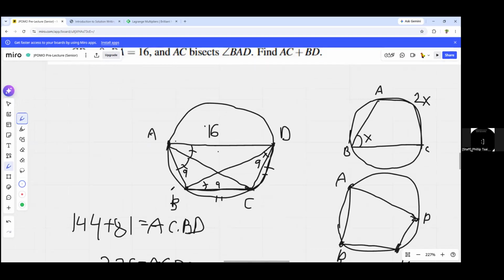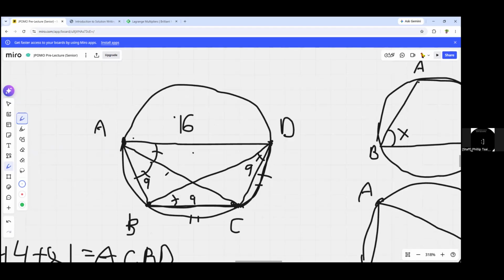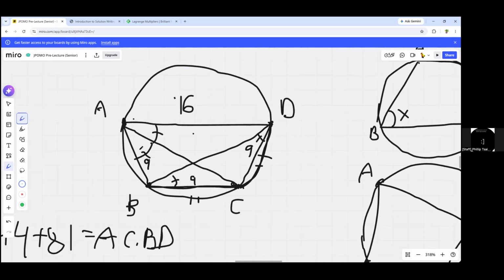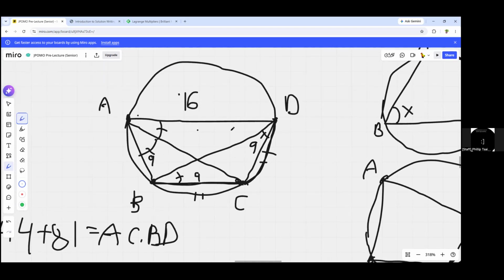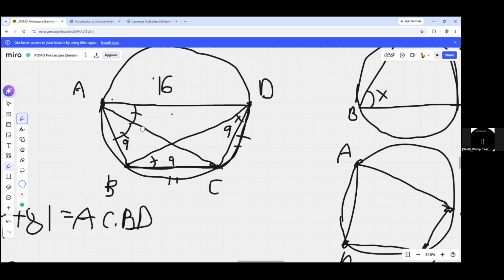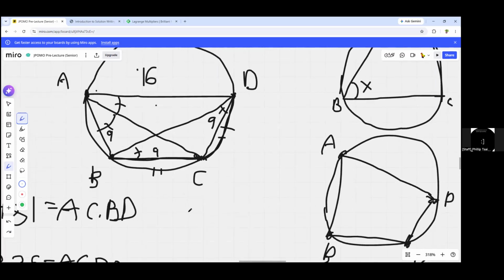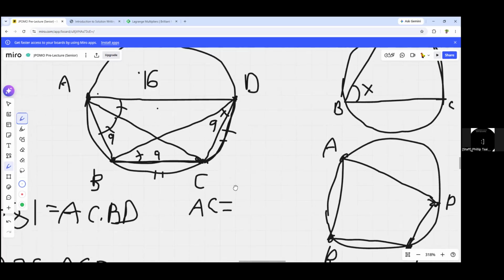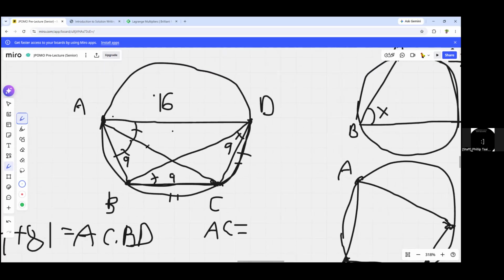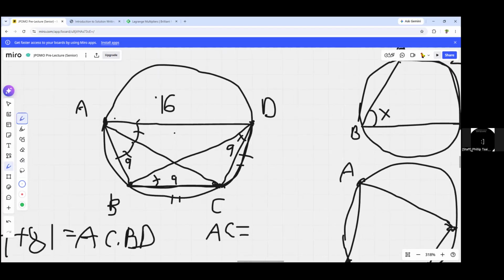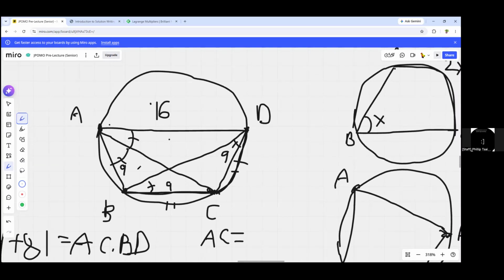Andrew, you also said it's an isosceles trapezoid, right? That is true, actually. What I was planning here was triangle congruence, but basically we can prove that AC is equal to BD through realizing that it's an isosceles trapezoid.